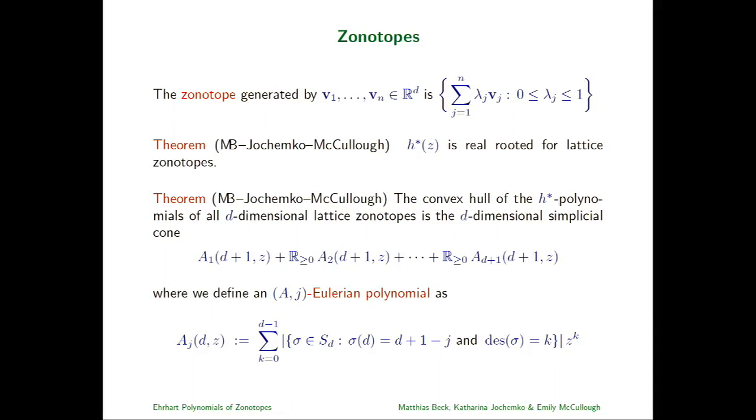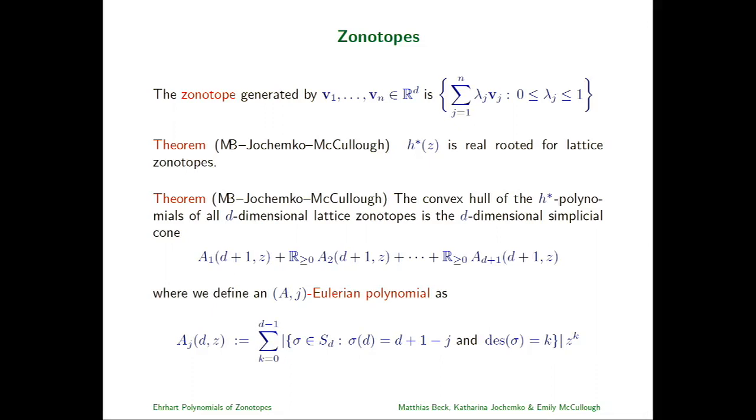The way I think about this is you're fixing a dimension, and I'm fixing a class of polytopes, zonotopes in this case. I know my h star polynomials all have a constant coefficient of 1, so let me forget about that. I take the rest of the coefficients and think of them just as a vector in d-dimensional space.